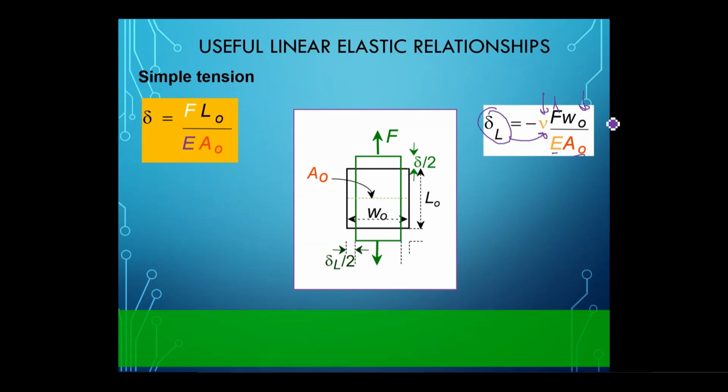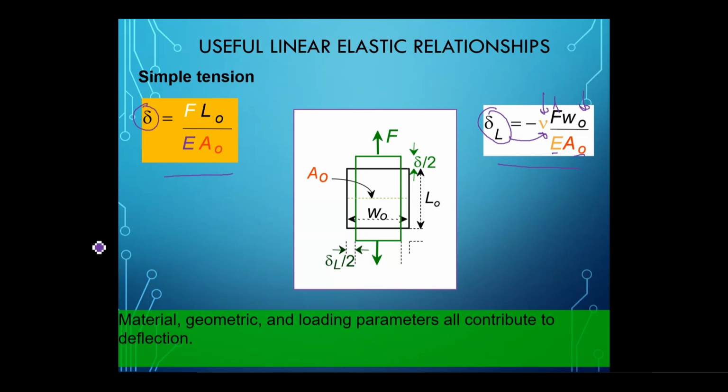All right. Now, if we look at this relationship or this relationship, the deformation in the material, whether it is the longitudinal deformation or the lateral deformation, is dependent upon three things. The material would define the Young's modulus. The geometric parameters, which are the length and the cross-sectional area, and the loading conditions, which is the force acting on the material.